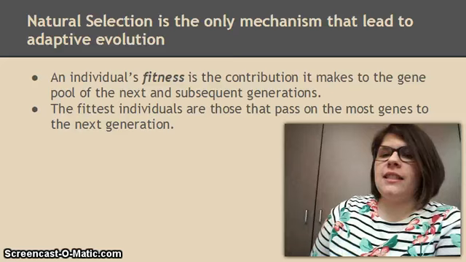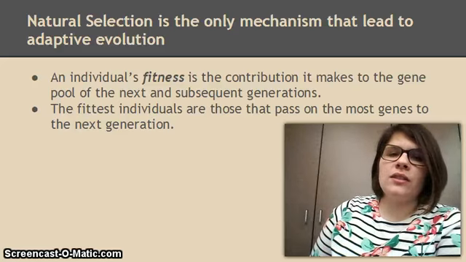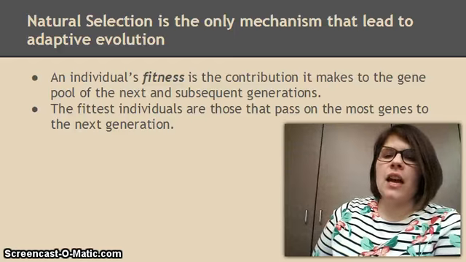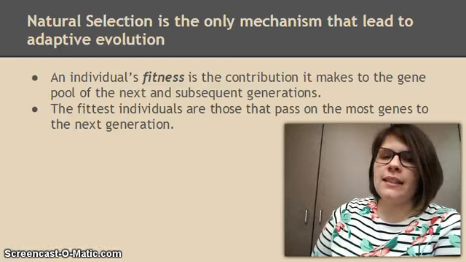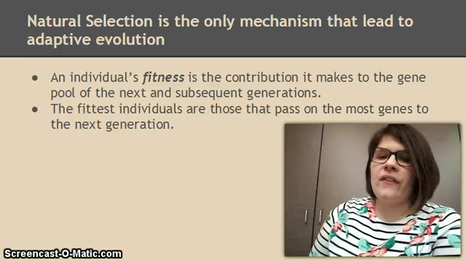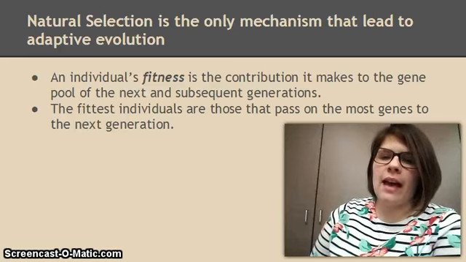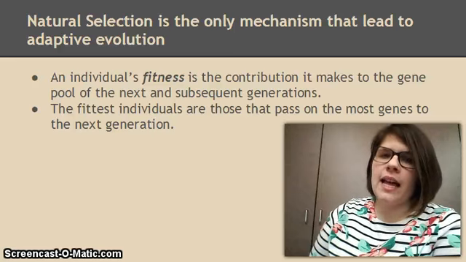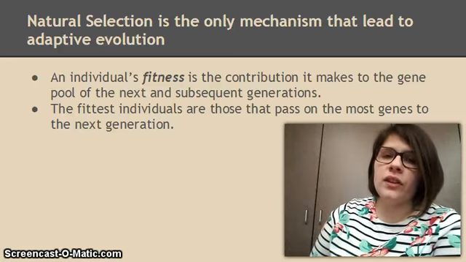Natural selection is the only mechanism that leads to adaptive evolution. An individual's fitness is the contribution it makes to the gene pool in the next and subsequent generations. The fittest individuals are those that pass on the most genes to the next generation. We've talked about this in class, and fitness really here refers to how well you are passing on your genes.